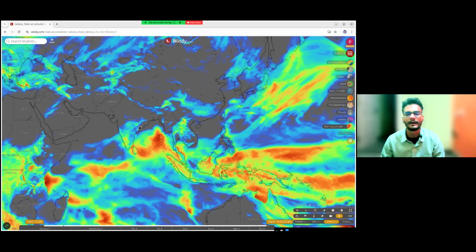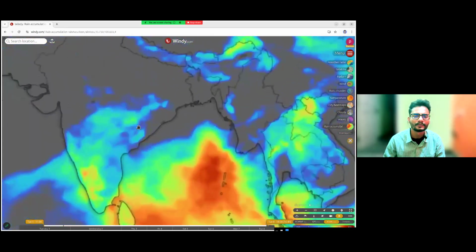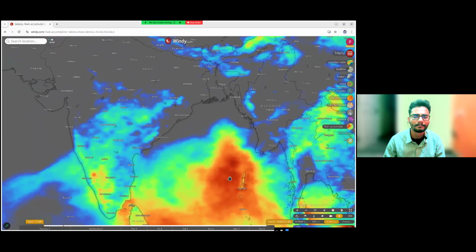So this is, I think, all about the current weather system. We can expect its impact mostly on the Karnataka region, which will experience some localized flooding as well. Part of southern Maharashtra, Telangana, and a part of Odisha will also experience this impact.